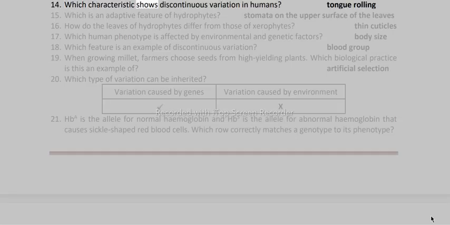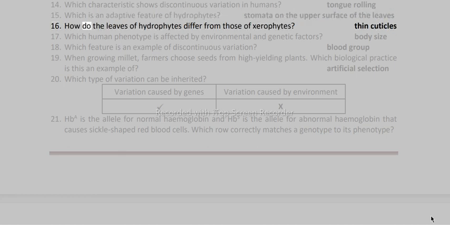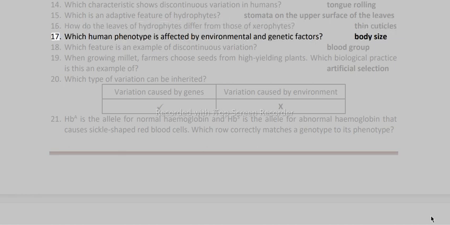14. Which characteristic shows discontinuous variation in humans? Tongue rolling. 15. Which is an adaptive feature of hydrophytes? Stomata on the upper surface of the leaves. 16. How do the leaves of hydrophytes differ from those of xerophytes? Thin cuticles. 17. Which human phenotype is affected by environmental and genetic factors?